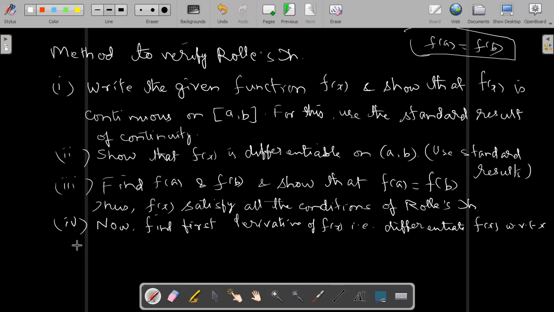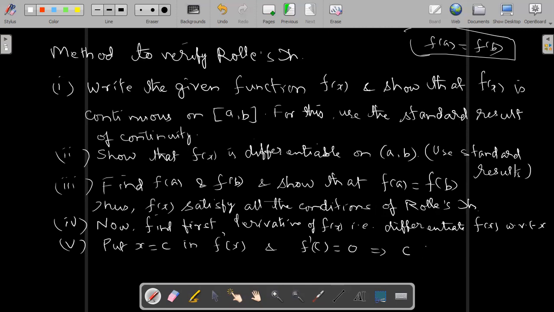And then the fifth and last point: put x equal to c in f dash x and equate it to 0, that is, write f dash c is equal to 0, and simplify to get the value of c.